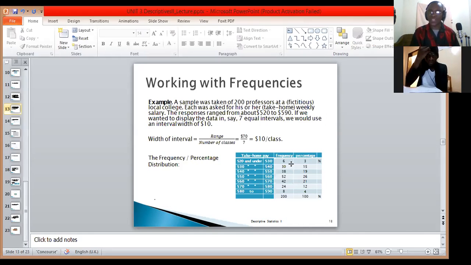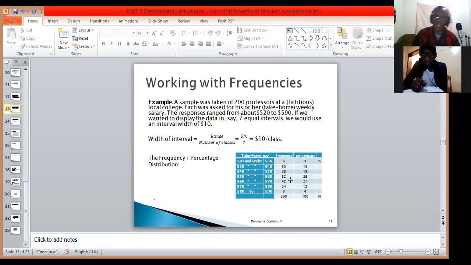Relative frequency is like a percentage, except we don't multiply by 100. So it is 6 divided by 200. It gives you 0.03. That is your relative frequency. The second class could have been 30 divided by 200, which is 0.15. That is your relative frequency.